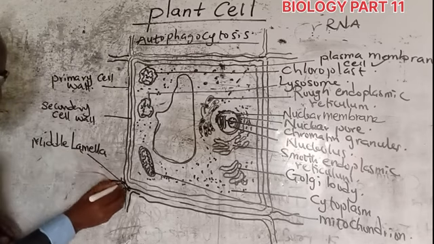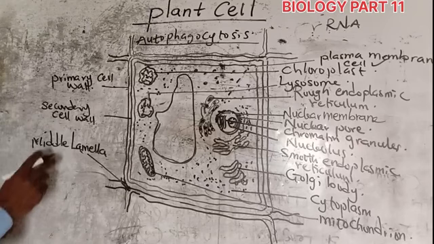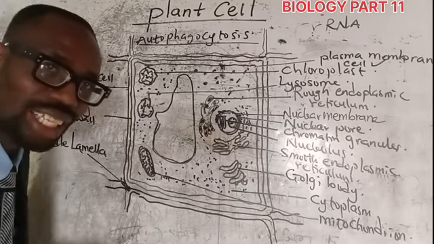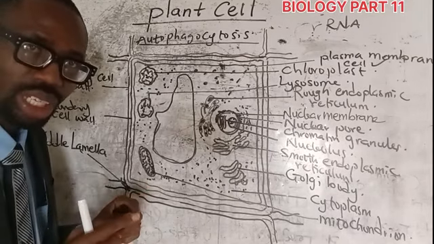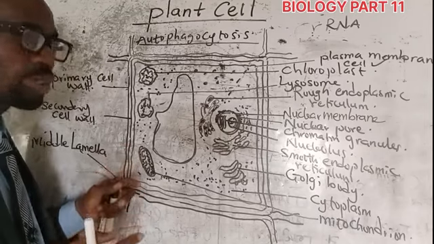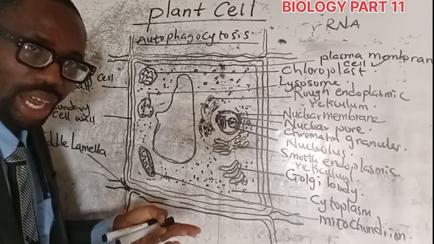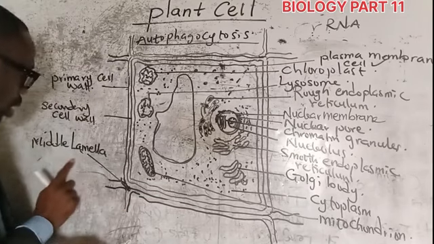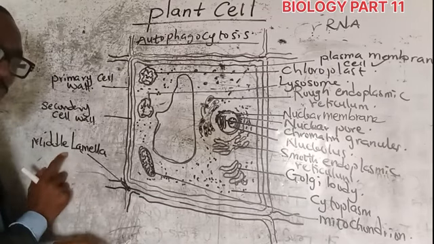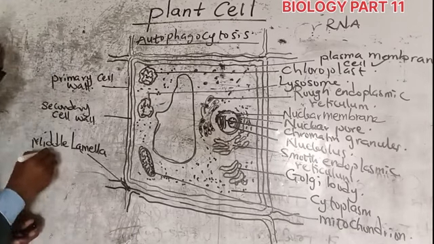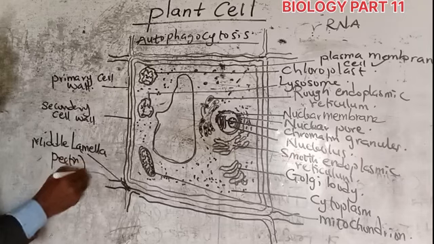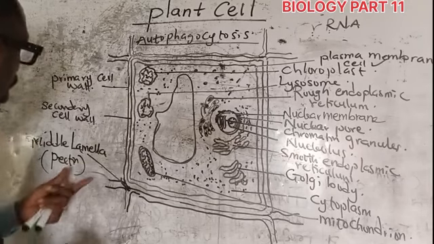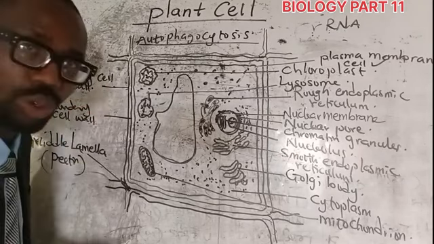That's your medulla. The medulla is an intercellular layer that helps to do what? Join cells together, due to the presence of one substance that we call pectin. The medulla is rich in pectin, while the cell wall is rich in cellulose.